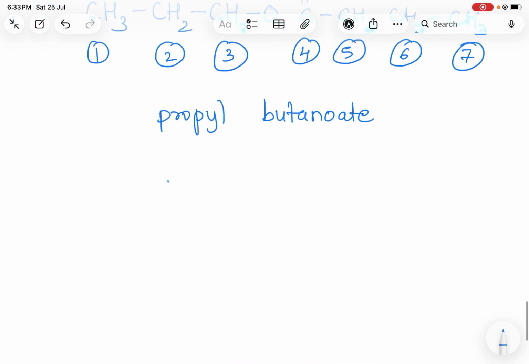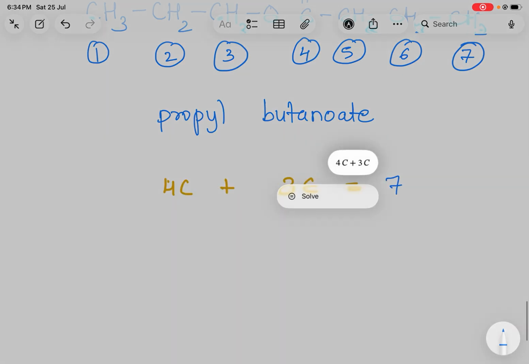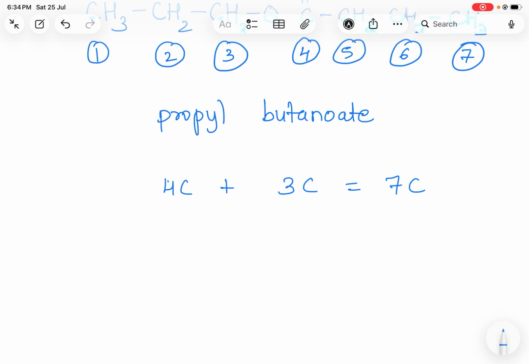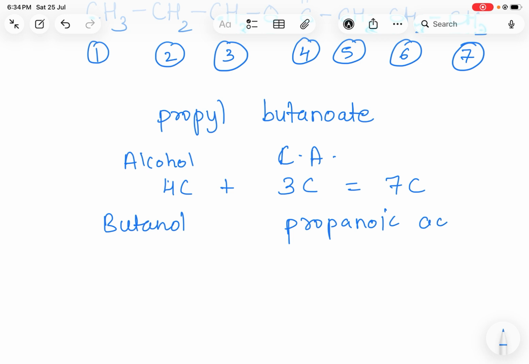So 4 plus 3, which is again 7 carbon atoms. So I would take butanol and propanoic acid. I will not draw the structure here, just write the name. So butanol will become butyl, and from propanoic acid I will just take propan, and the name ending of ester is oate, so butyl propanoate.